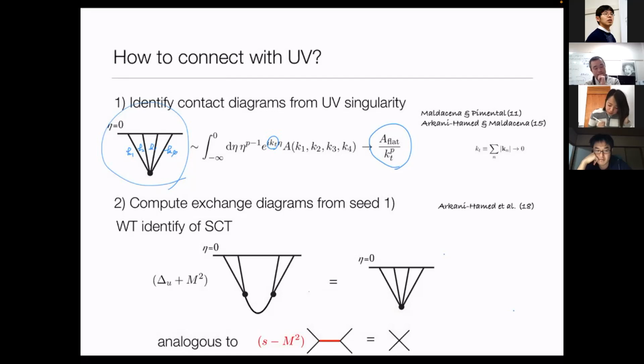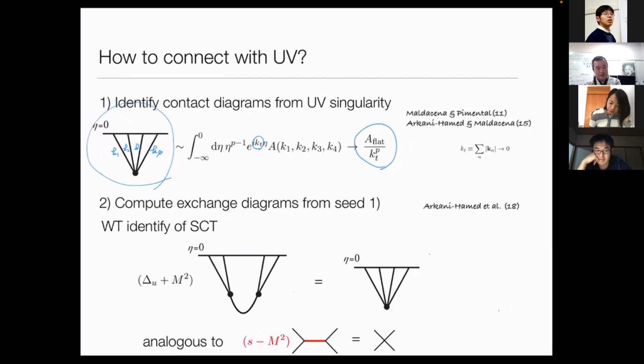But you get a similar formula from the Ward-Takahashi identity of SCT. And as I mentioned, we can know how this right-hand side behaves in the limit KT goes to 0 from the scattering amplitude in flat space. So by solving this derivative equation, we can calculate the exchange diagram in zeta which is compatible with the physics in flat space.